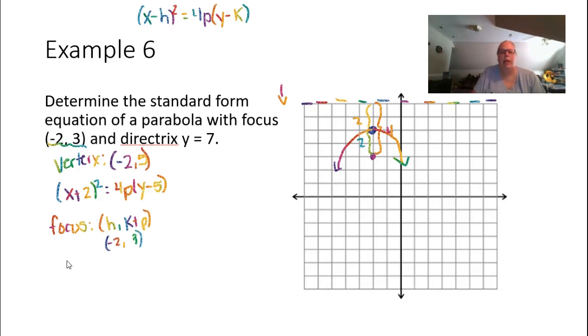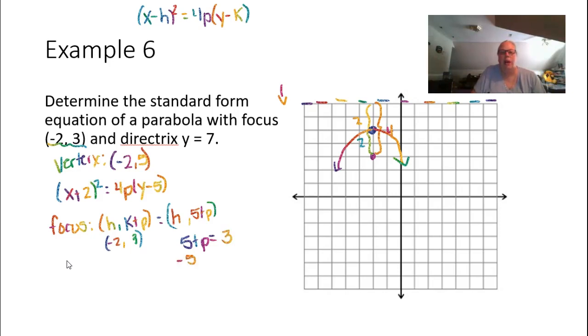And we know that k, we just figured that out, was going to be 5. So really we can write this as h and 5 plus p. All right, now something that we know is that h is equal to -2, right? That means that 5 plus p should be equal to this +3 right here.